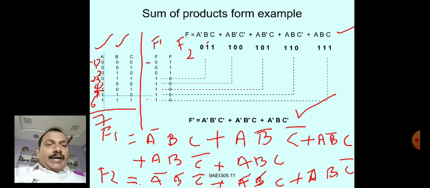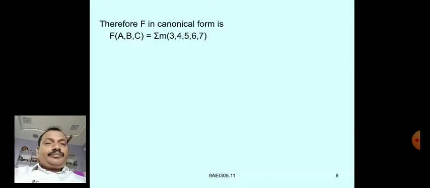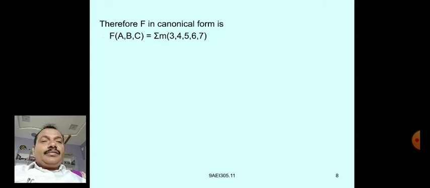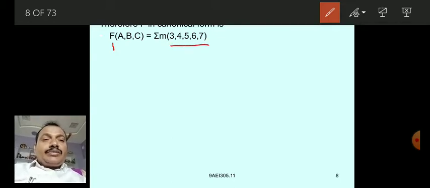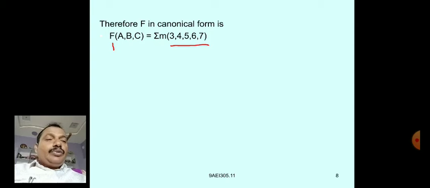So you have to write like this. This is the F1. You have to always write sigma small m in the brackets, 3, 4, 5, 6, 7. That means in those positions the F1 is having the minterm values 1. That you have to keep in mind.